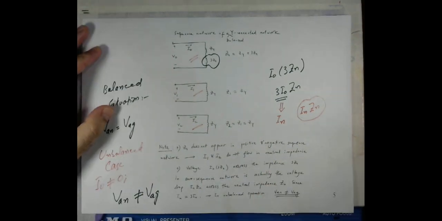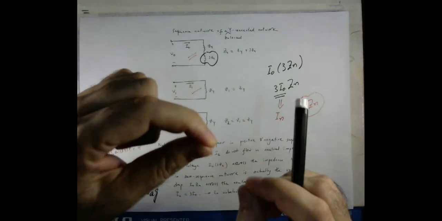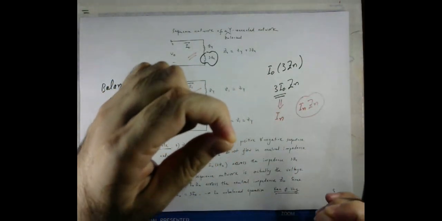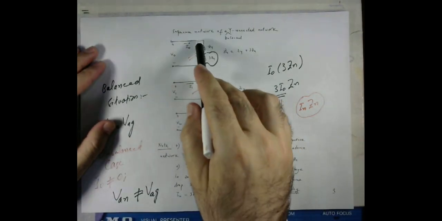And some of the important observations that we made was that the impedance Zn, which is the impedance to the ground, only appears in the zero sequence network.